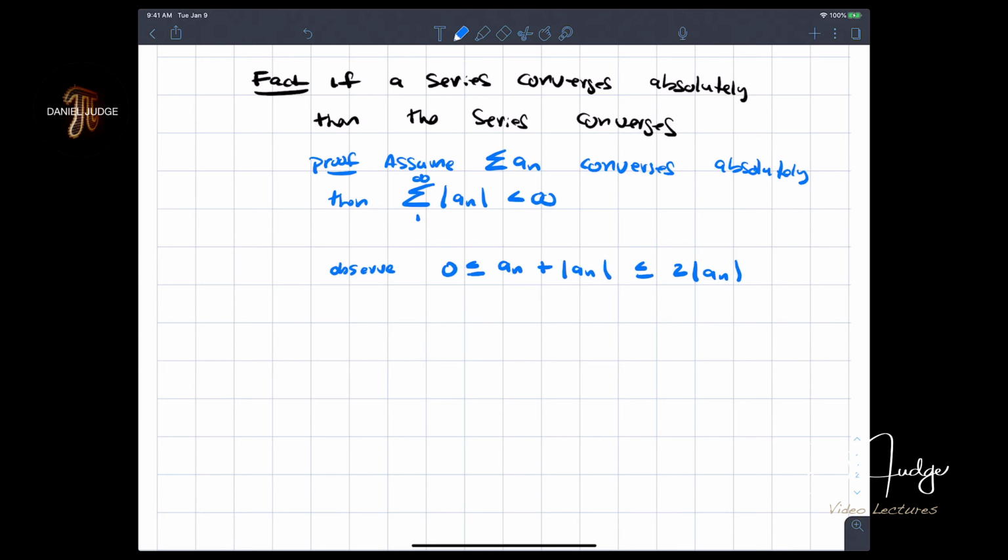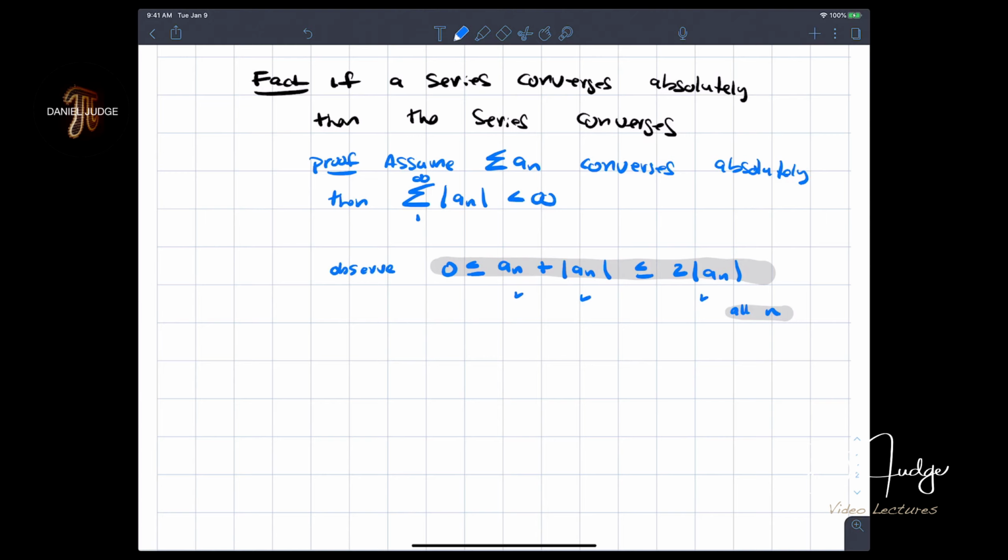So the key to this proof is this inequality here, and this is true for all values of n. That's pretty much saying if I take a term, whatever that term is, I can add the positive version of it, and that's still going to be less than or equal to double the positive version. And that's what's going to make this proof work.